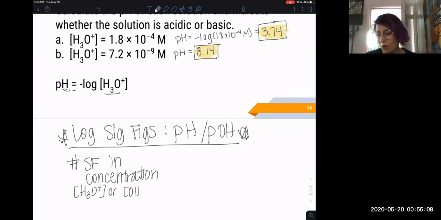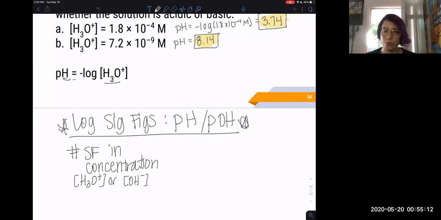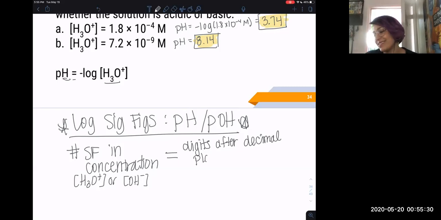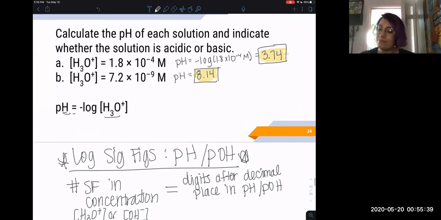And this goes for all logarithmic equations, not just pH and pOH, but we're going to use it just for that, is equal to, and here's where it's beautiful because it connects all your sig fig rules, the digits after the decimal place. Full circle, y'all. Full circle. In your pH or pOH, depending on what you're talking about. Isn't that beautiful?